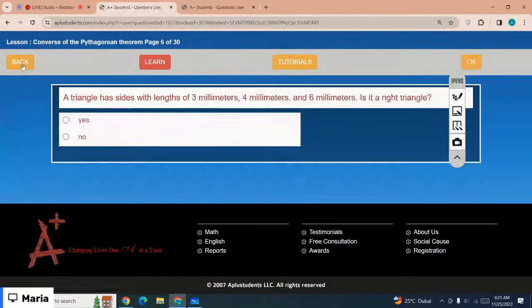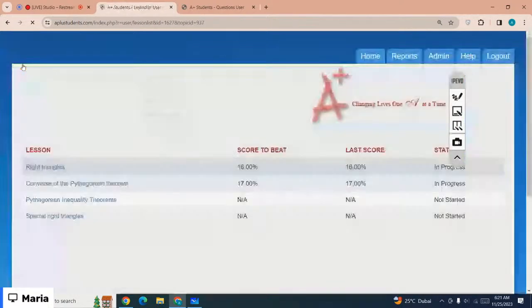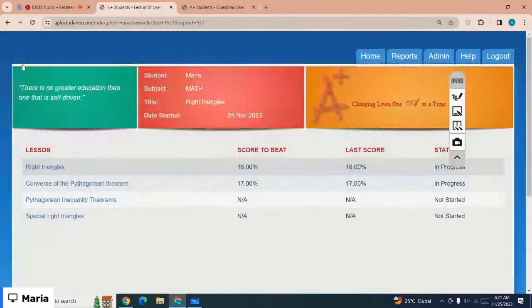And the next lesson is Pythagorean inequality theorems.